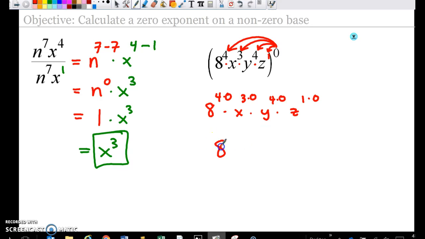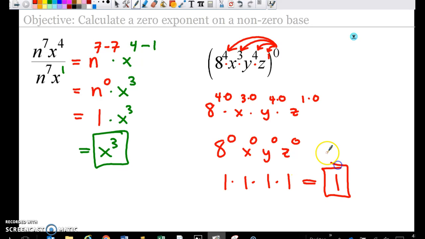That makes all of these raised to the 0 power. So when I multiply by 0, I get 0. And so these will all turn out to be 1. Very quickly, assuming that this is not 0, if it's raised to the 0 power, it should be 1.